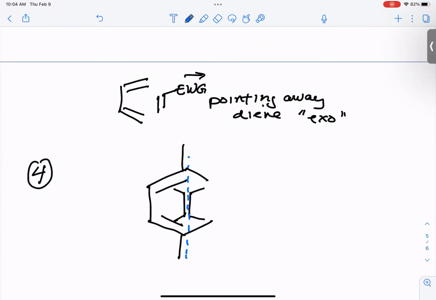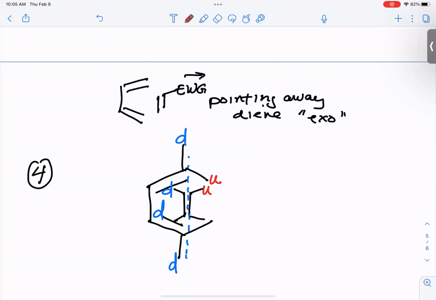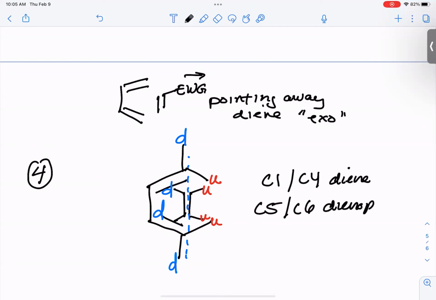I just think to keep consistency with the endo formation, particularly when you're making the bicyclics, that you make the left side down and the right side up. So this is down, down, down, down. Up, up, up, up. And again, you're just looking at C1, C4 of the diene, and C5 and C6 of the dienophile.